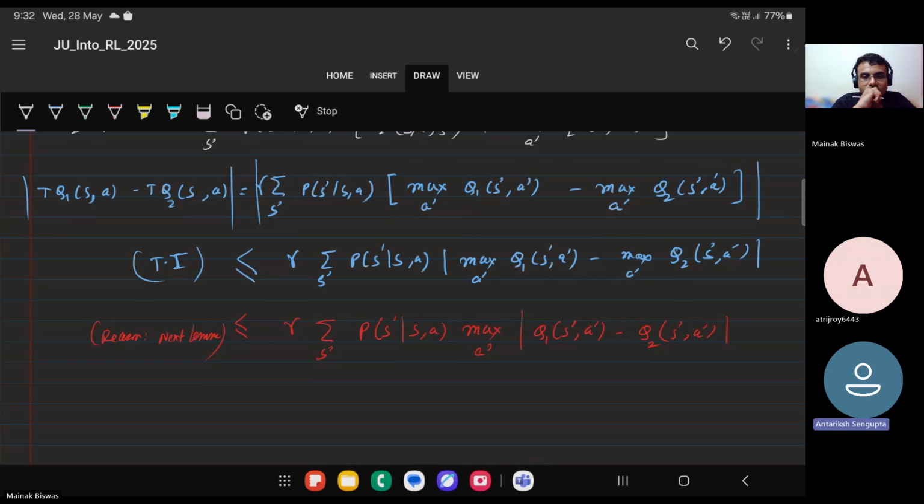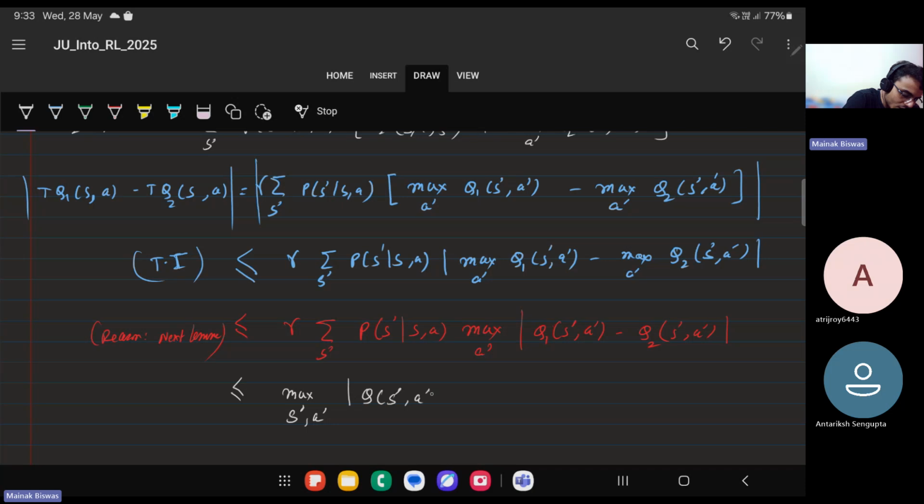I was just wondering if we could use again the same equation that we were doing for S dash. I can again max out over S, no? So if I max out over all the states, can I max out over S dash as well? Correct.